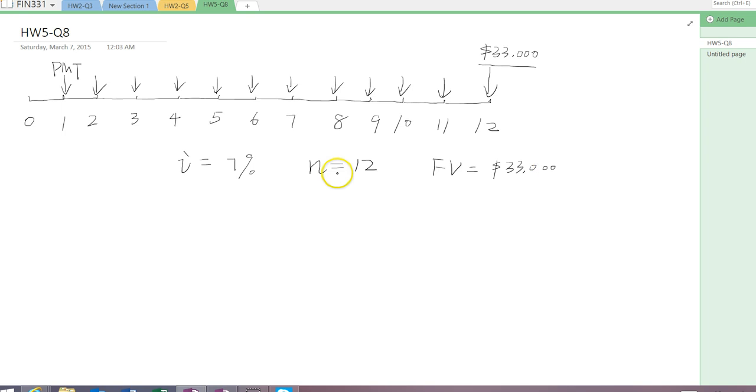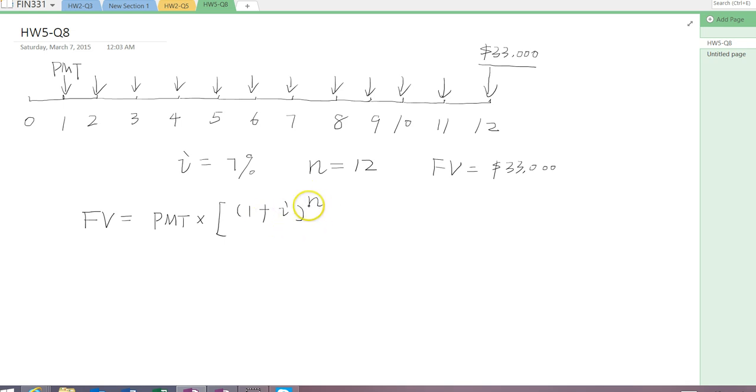So now, given the formula for the future value of an ordinary annuity: the future value of an ordinary annuity equals payment times 1 plus the interest rate raised to the power of n.